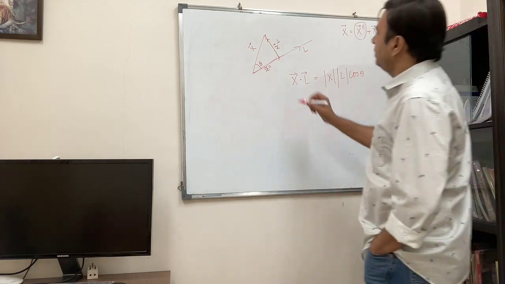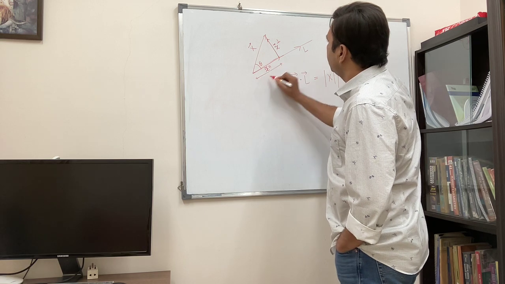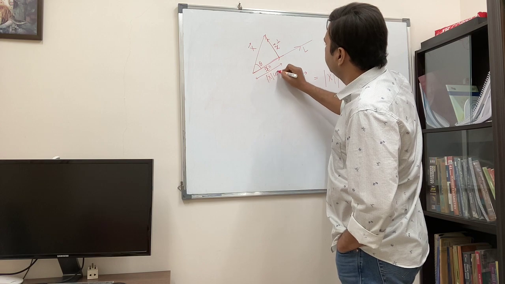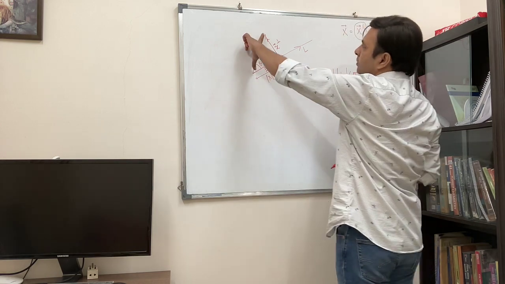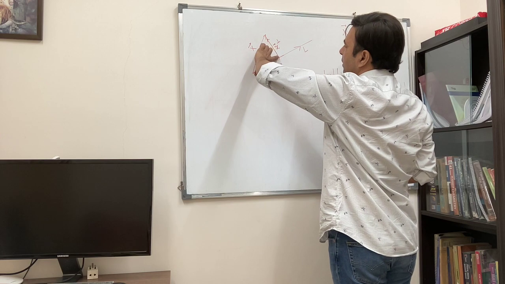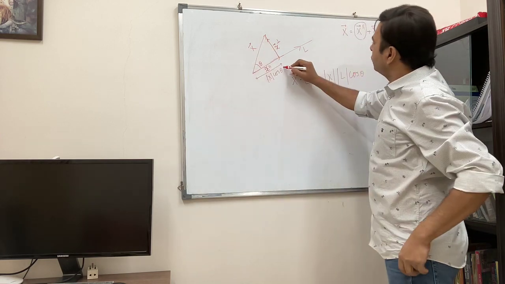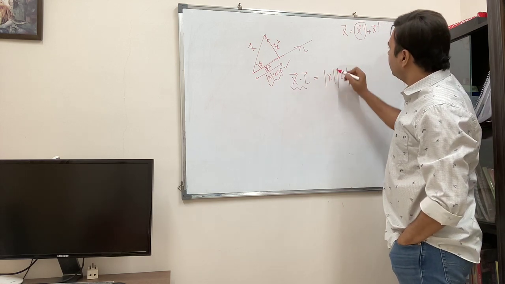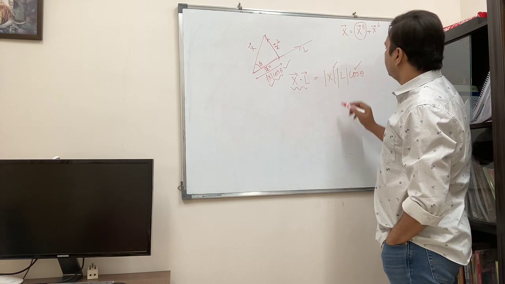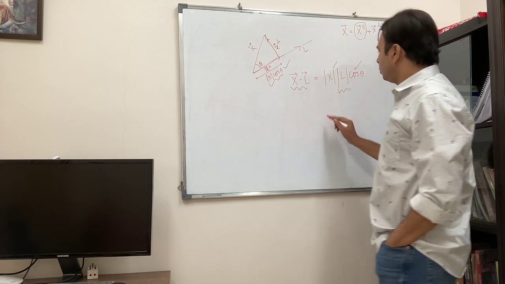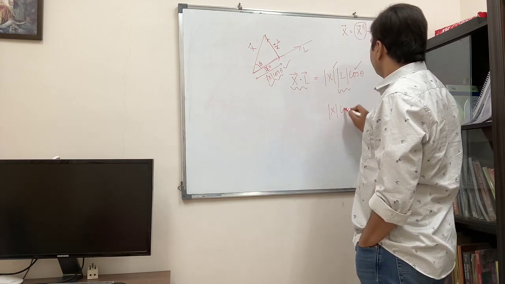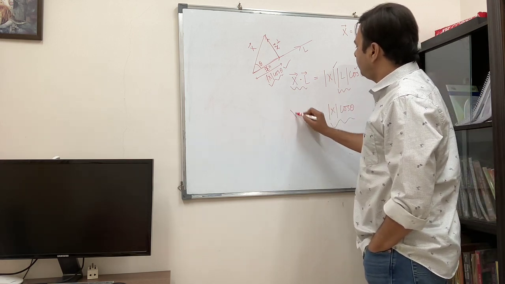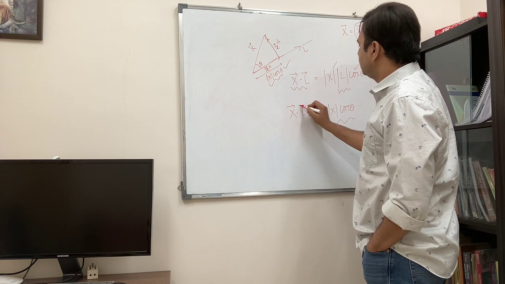What I am interested in is the length of x times cos theta. If this is x, and this angle is theta, this thing is x cos theta, right? So we are interested in knowing this. If I take a dot product, I get the term x and the term cos theta, but I get something extra, L. So to know x cos theta, which is the projection, I can always divide from this side.